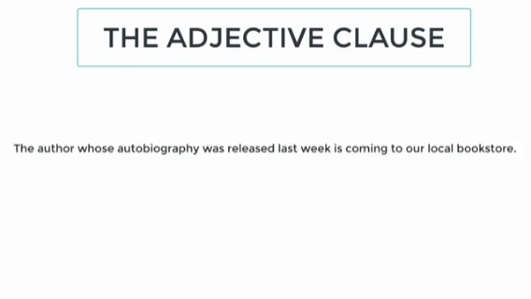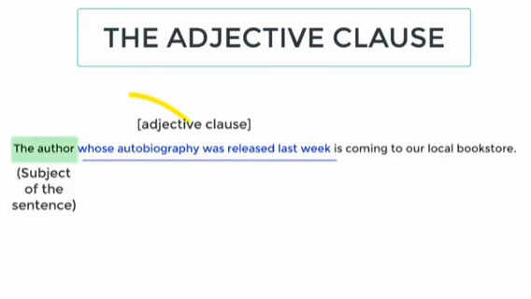The author whose biography was released last week is coming to our local bookstore. Whose biography was released last week is the adjective clause describing the author, the subject.